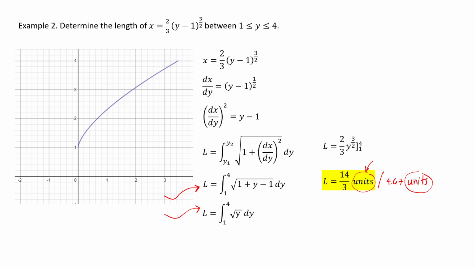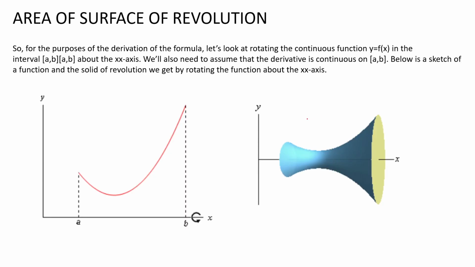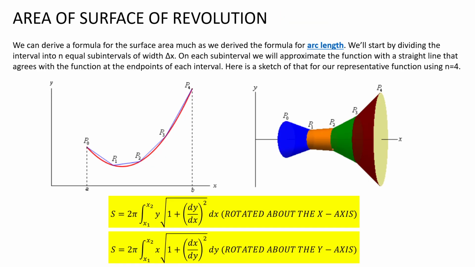Alright, so now let's proceed to the surface of revolution, the area of surface of revolution, or in simpler terms, surface area. For the formula, we're going to have only two.